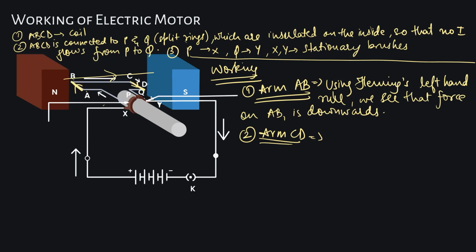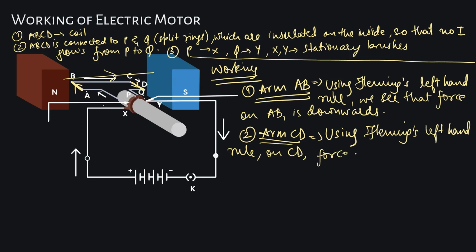So my index finger should point towards the right. Okay, it is pointing towards the right. So which direction is my force in? It is in the upward direction. Great. So again I write, using Fleming's left hand rule, on CD, force is upwards.